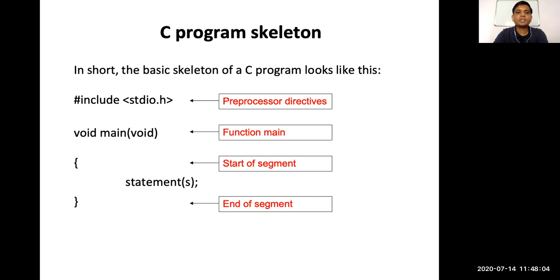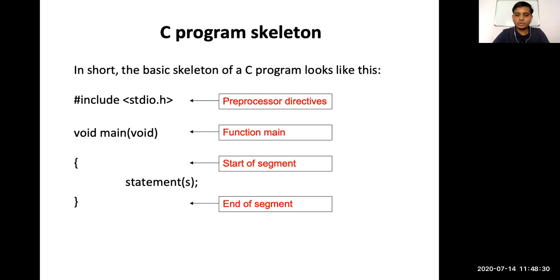Okay, next is why we need to include the stdio.h file. Can anybody tell me why the first line is #include stdio? It includes all the input and output library functions. Okay, but why do we need these functions?